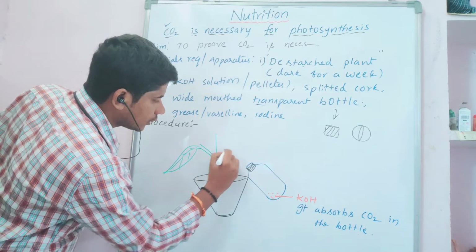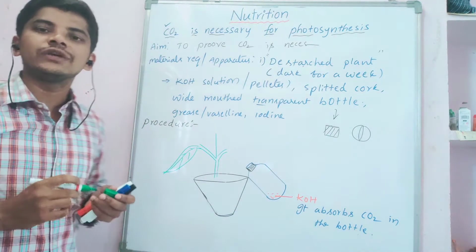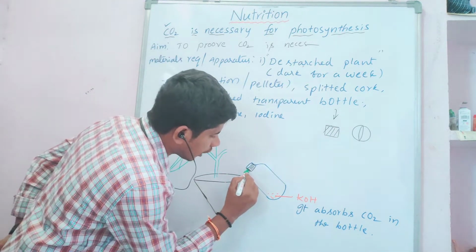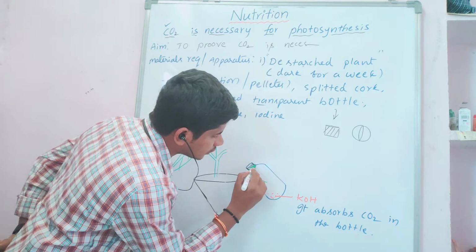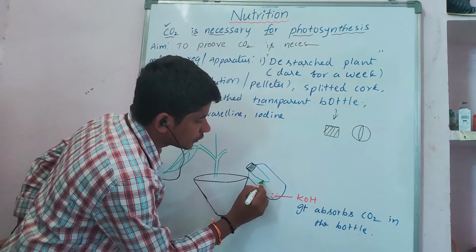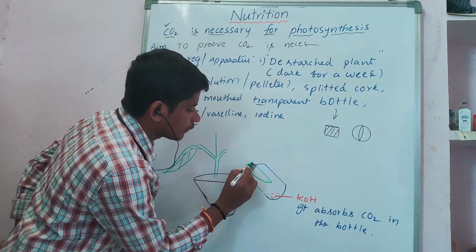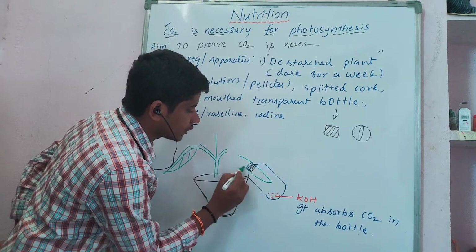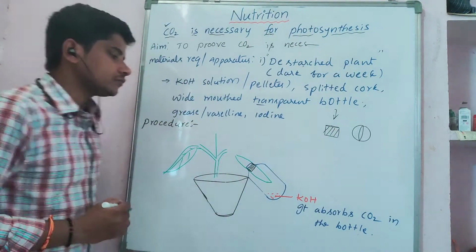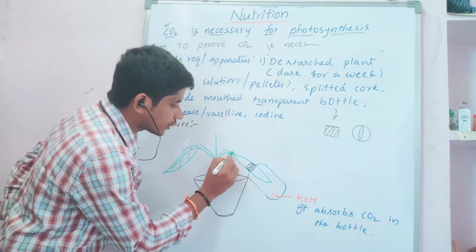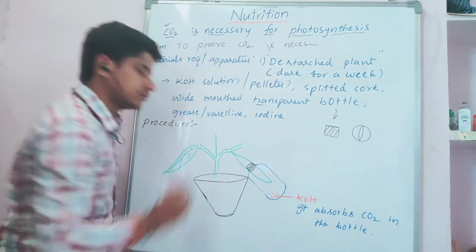That leaf, we have to insert half into the bottle. This is the half of the leaf, and the remaining half of the leaf must be outside the bottle like this. Now you join this leaf to the petiole, so you can draw the diagram easily.